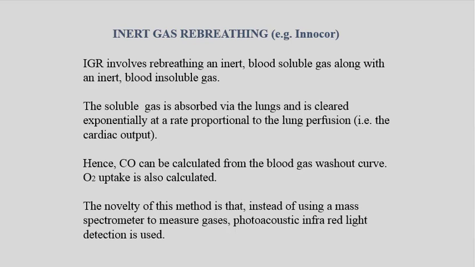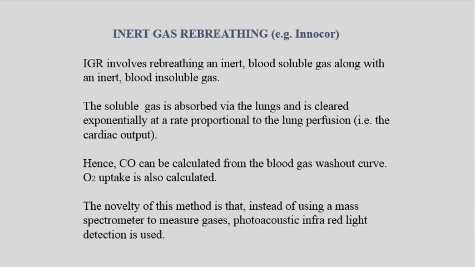The main difference between inert gas rebreathing and carbon dioxide rebreathing is that, unlike the rebreathing technique where you rebreathe your own exhaled CO2, with inert gas rebreathing you breathe normally, but there are two additional gases included into your gas mixture that you're breathing in.